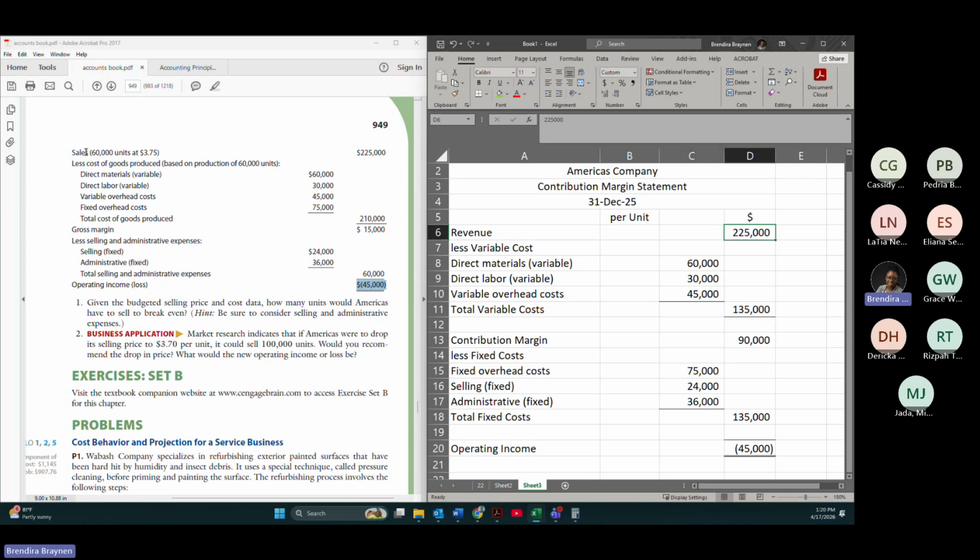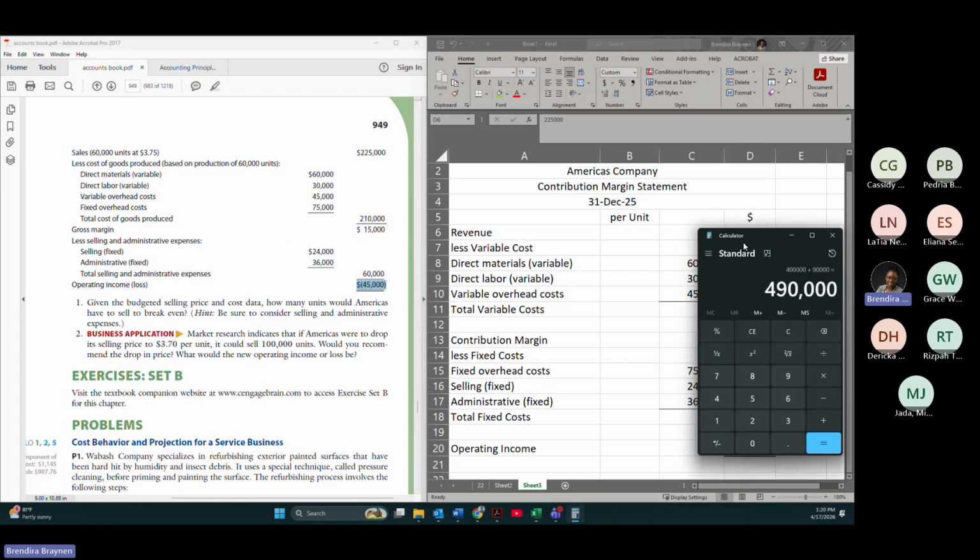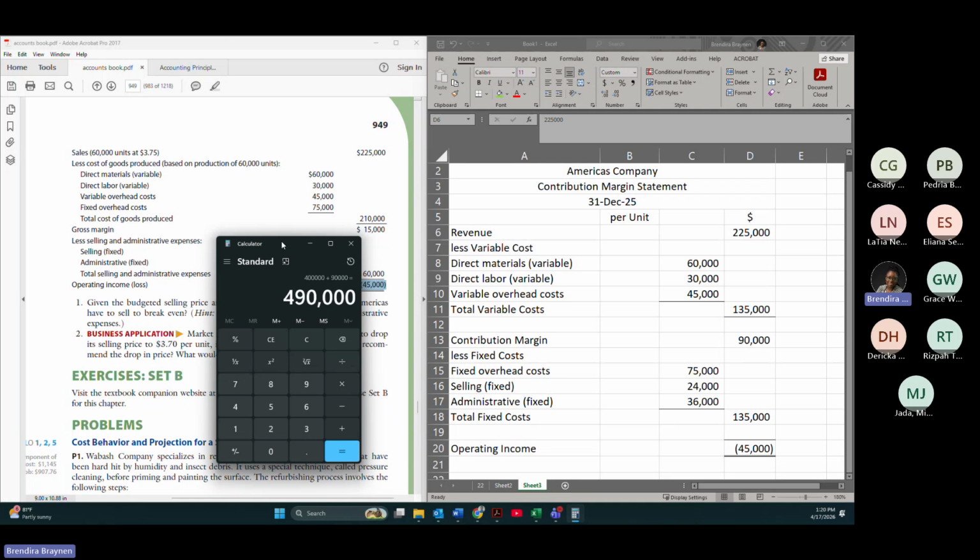They told us it's 60,000 units at $3.75. So 60,000 units times $3.75 gave you 225. So the per unit revenue, which is the sales price, is $3.75.